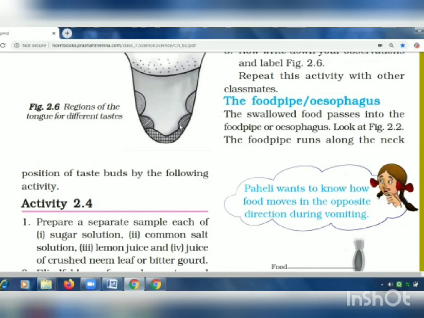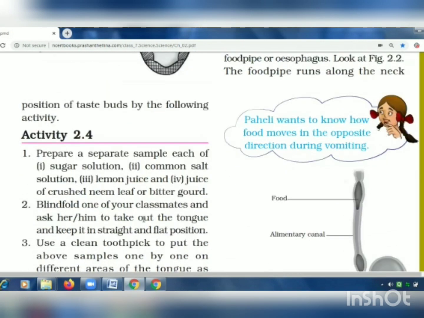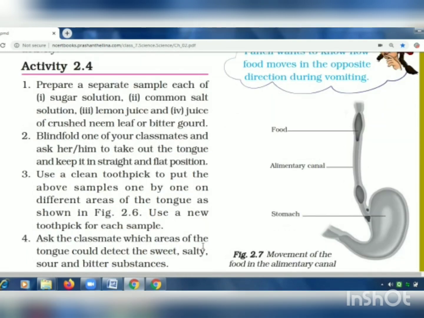One experiment you can do at home: prepare a sugar solution, common salt solution, lemon juice, and juice of bitter gourd or neem leaf. Then put 2-3 drops of each at different places on your tongue, and you can see at which place the taste buds are.